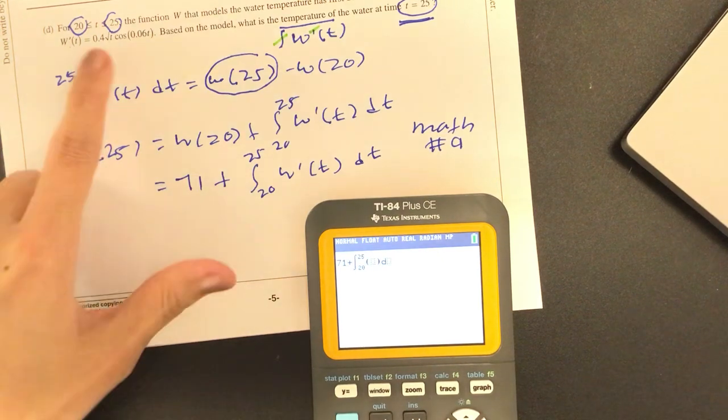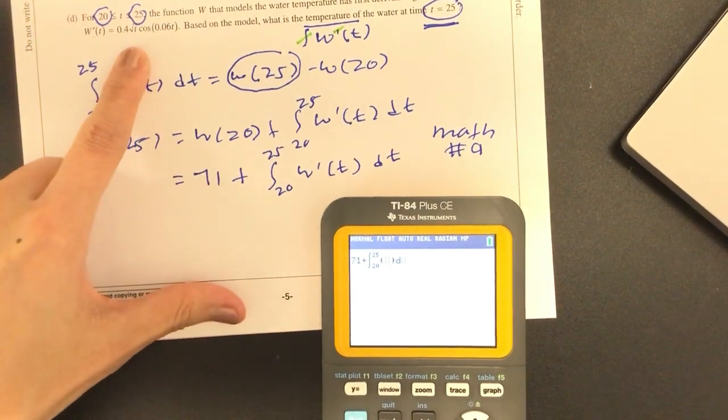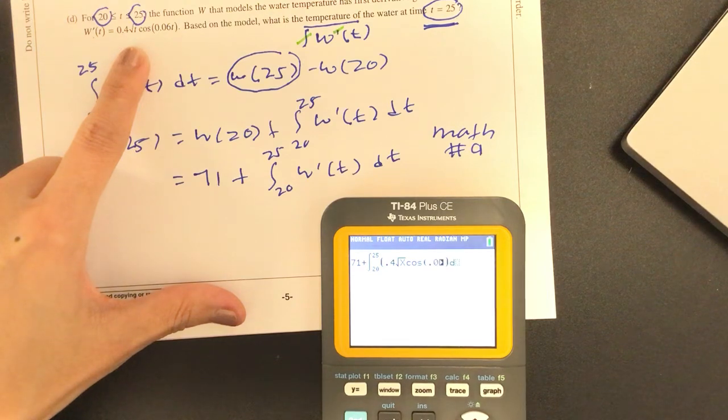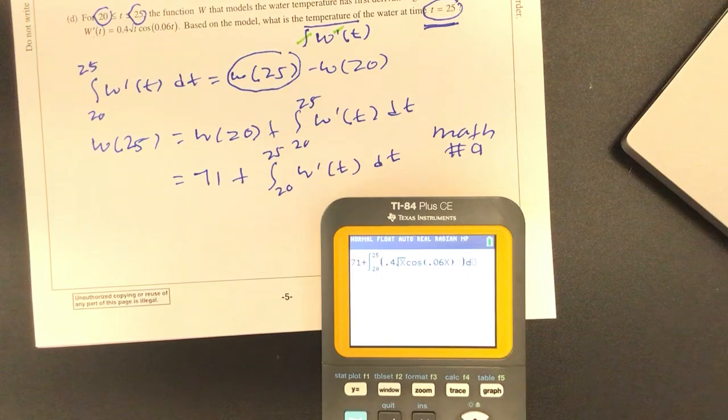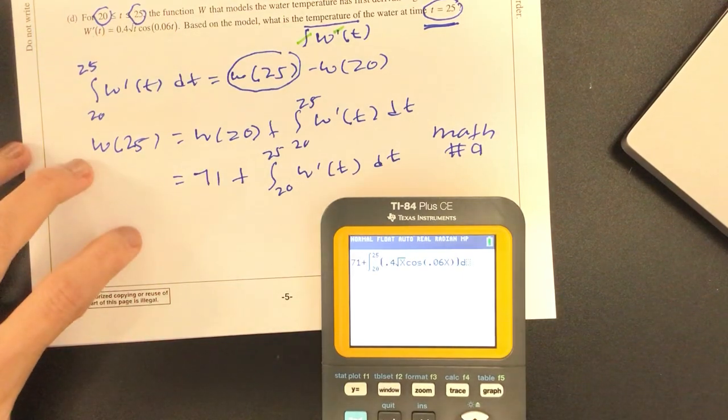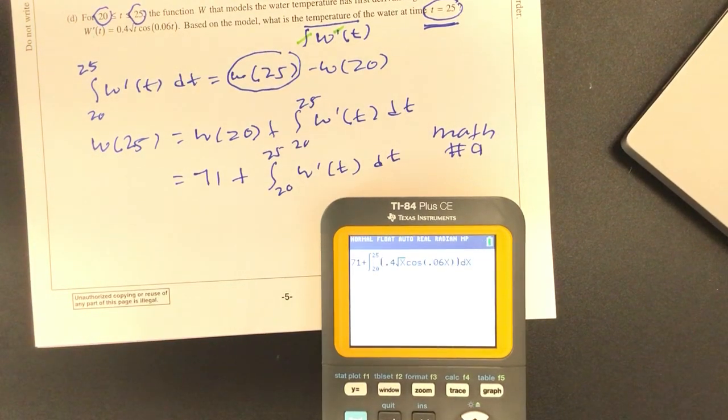And then we have to put in the whole function that is given to us already. 0.4 square root of x, and then cosine of 0.06x. Close it. And notice it's got double parentheses because the calculator wraps it all up at all times. So let's make sure we have the exact same thing.